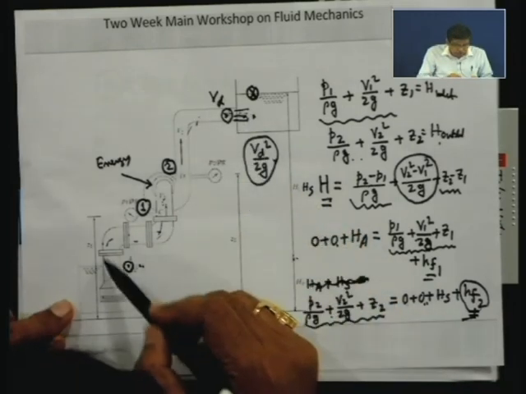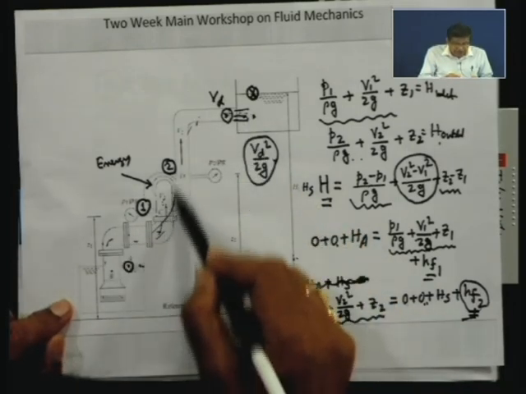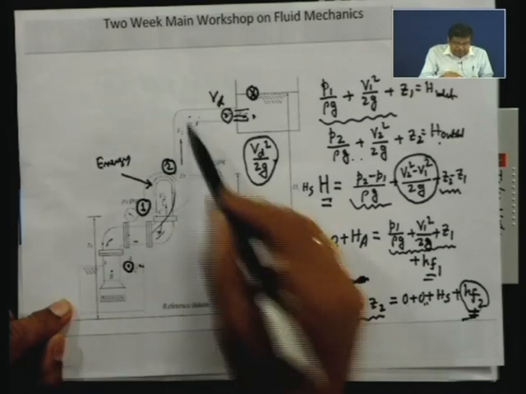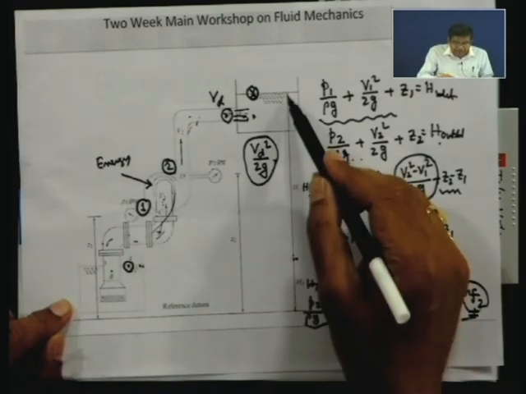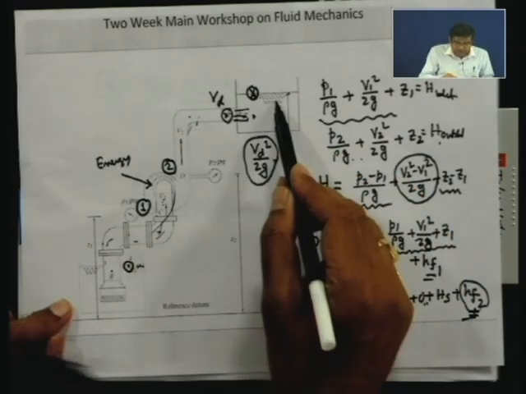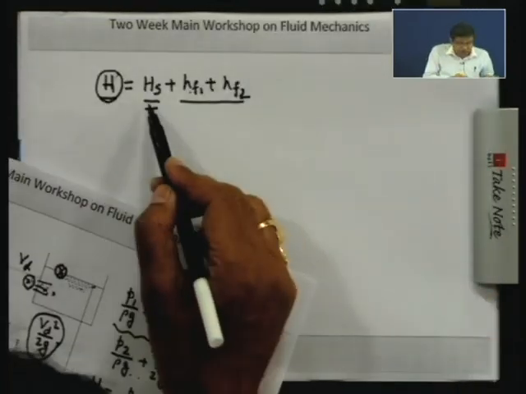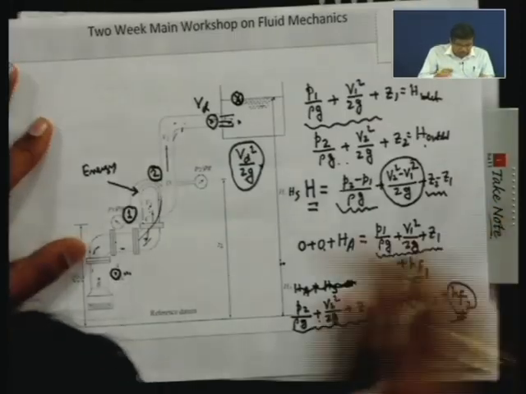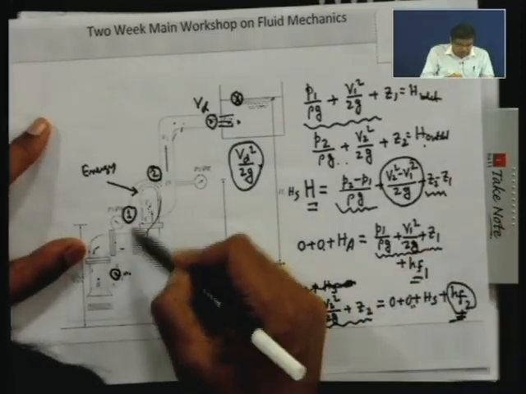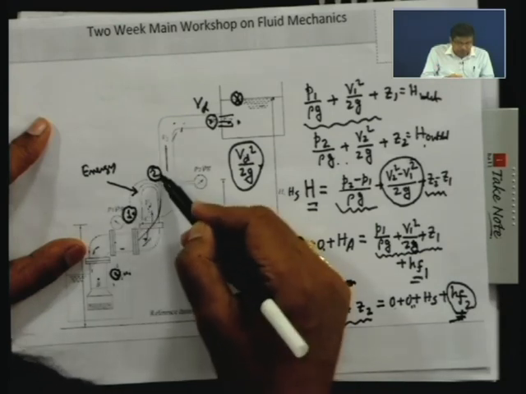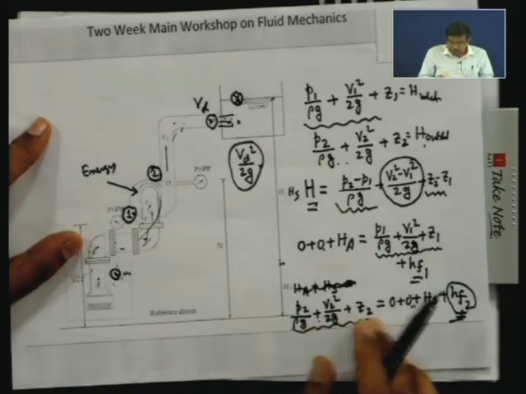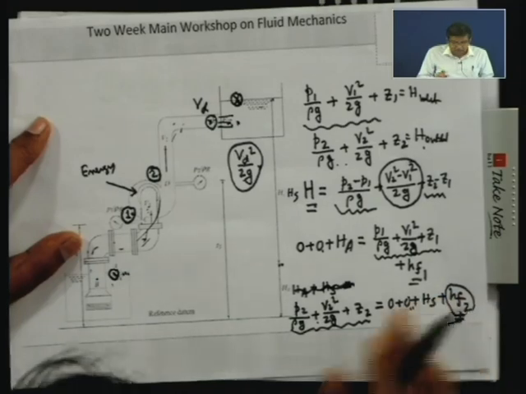That means to force a flow to overcome the losses and to lift it to a height Hs from this level to this level, the developed head has to be this plus losses, which can be found by applying the Bernoulli's equation between this point and this point. This is precisely the concept.